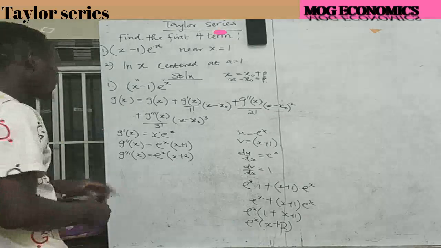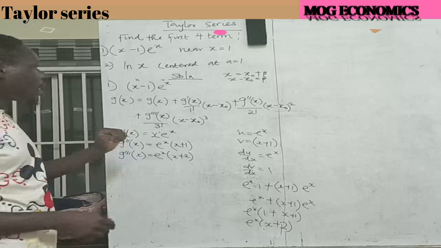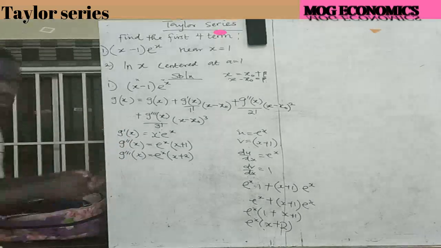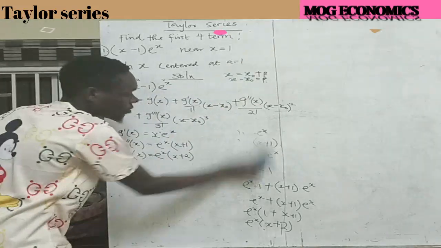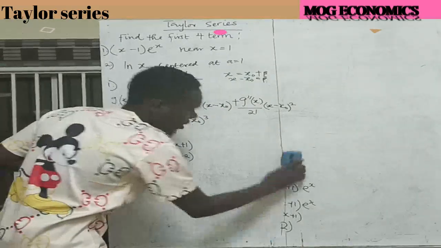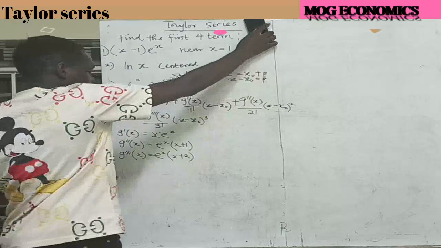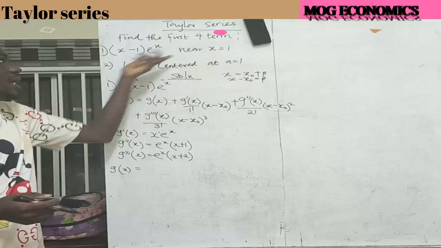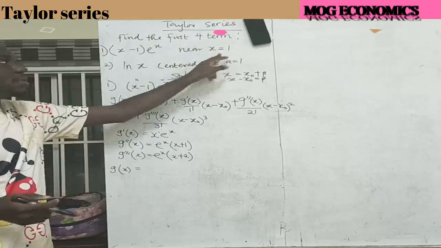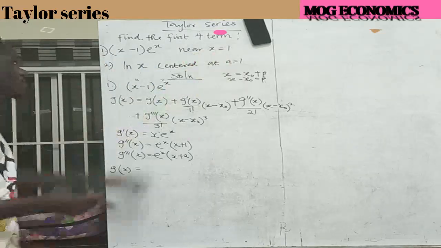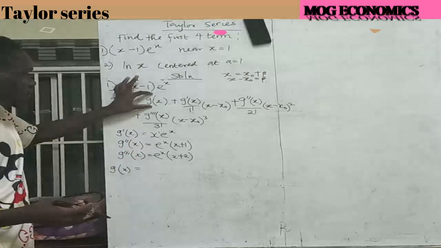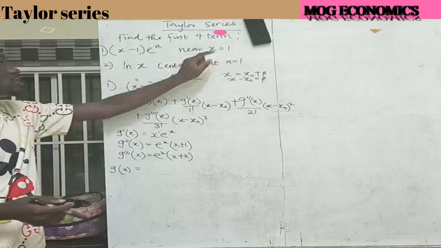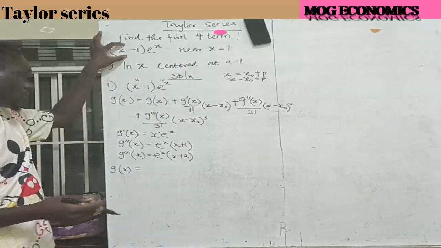Alright, so now at this point we have to apply our formula. So by applying our formula, okay, let's rub this off. We are going to have to substitute the value, since we are expanding this function around this particular value, near x equals 1. So for the first function, which is the original function here, we can have the result of this by simply substituting this value into this particular function.